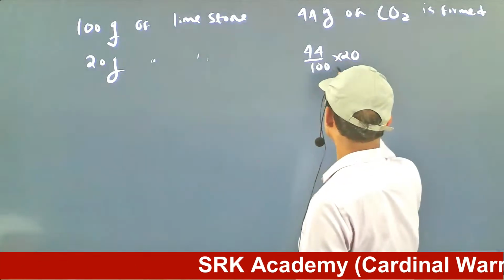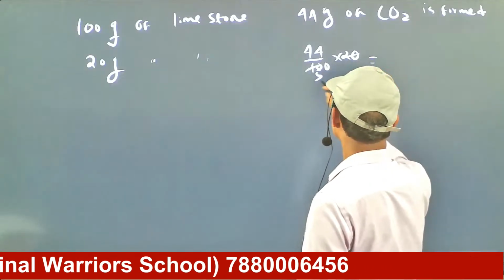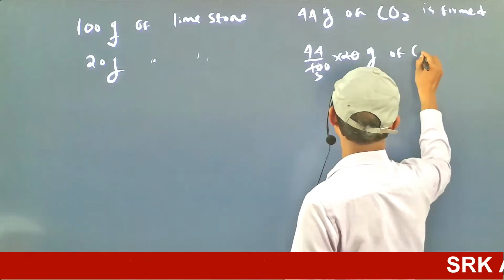Yes or no? That is equal to what? 44 upon 5 gram of carbon dioxide is formed.